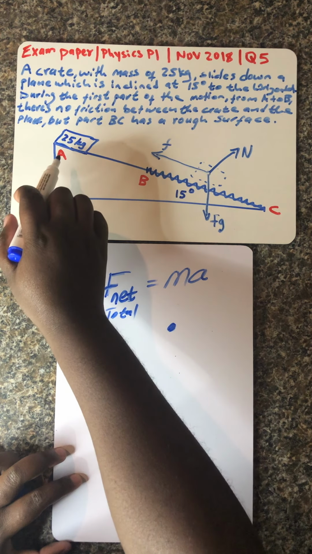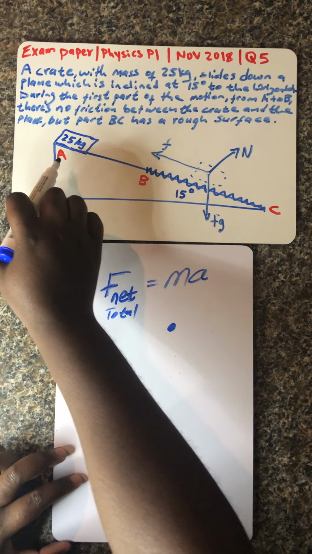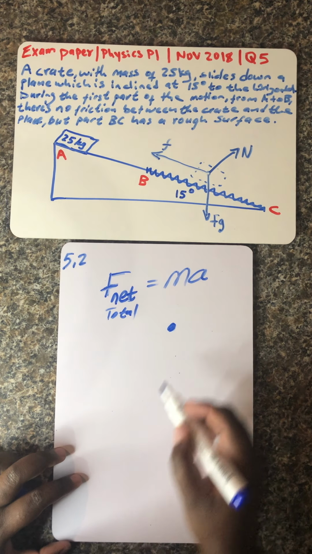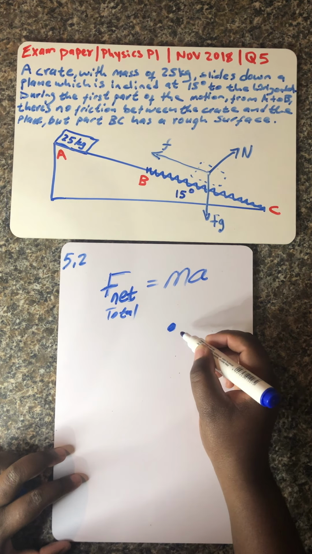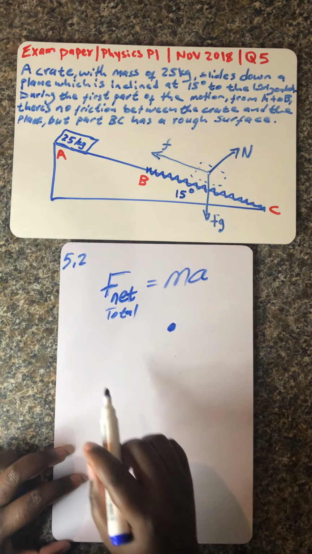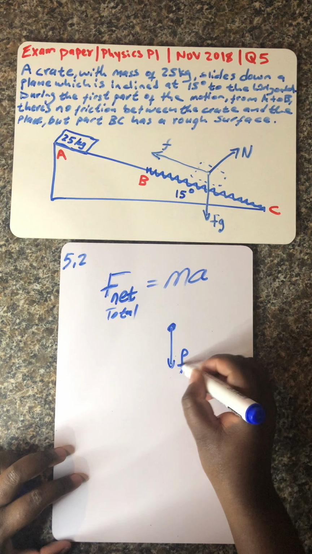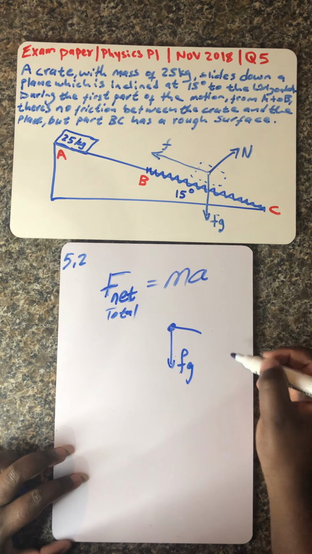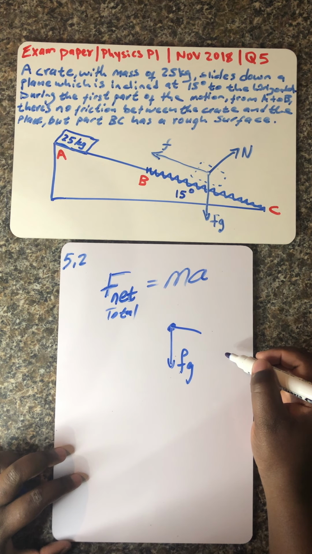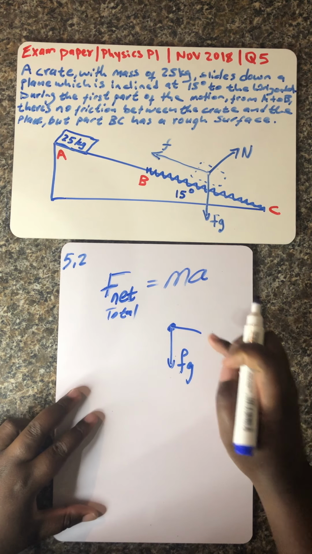So when that crate moves from A to B, this is the force that we have got, which is force of gravity, and the other force that we've got is normal force.